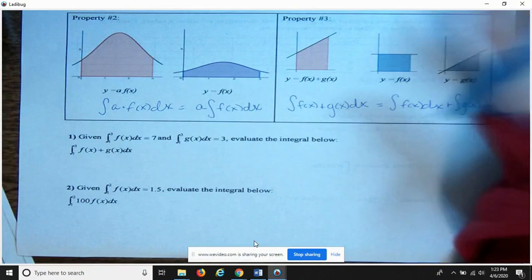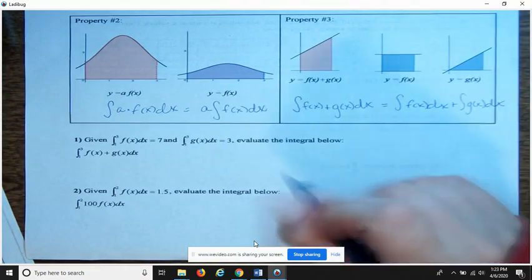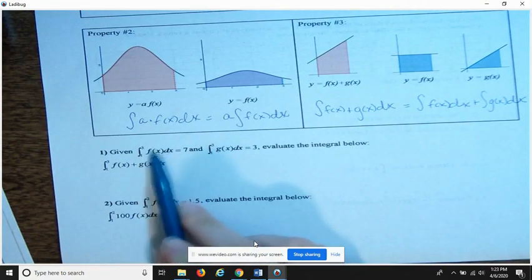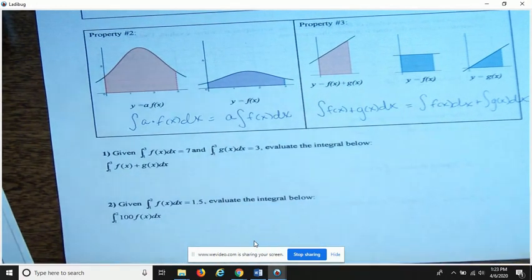Okay, so here we go. We're doing the examples on this sheet. It says given that the integral from 1 to 3 of f of x is 7 and the integral from 1 to 3 of g of x is 3, evaluate the integral below.